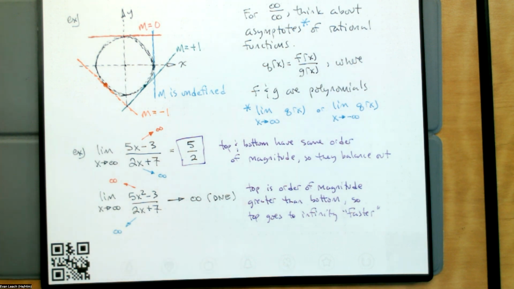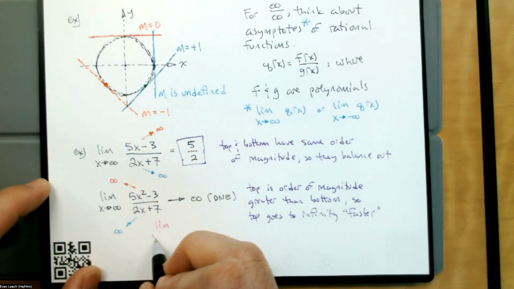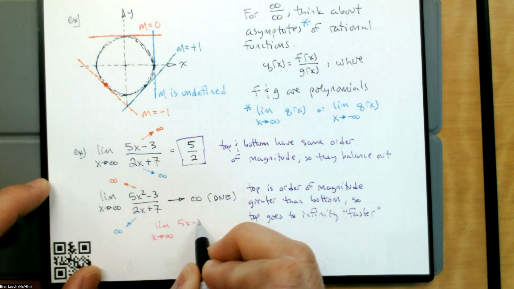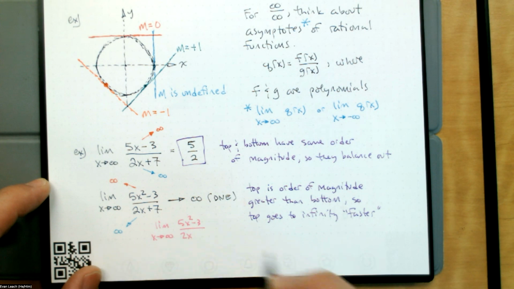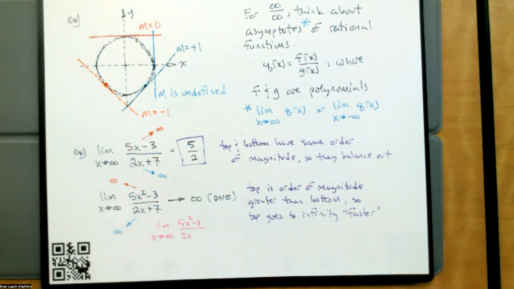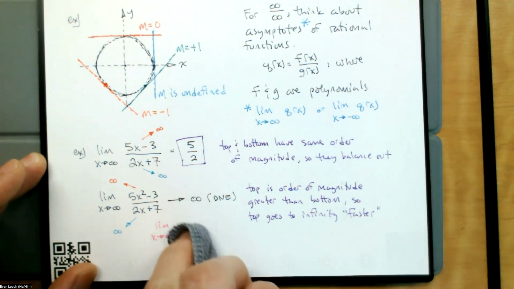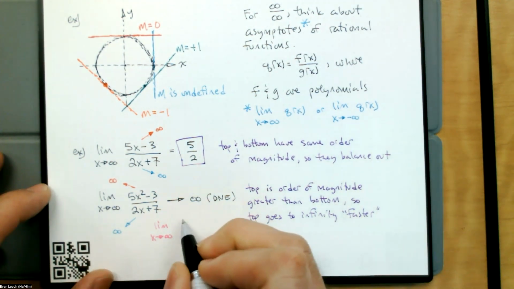I guess if the denominator wants to get revenge, we could just change the sign. I'm going to change the numerator, because I made the numerator the -1.